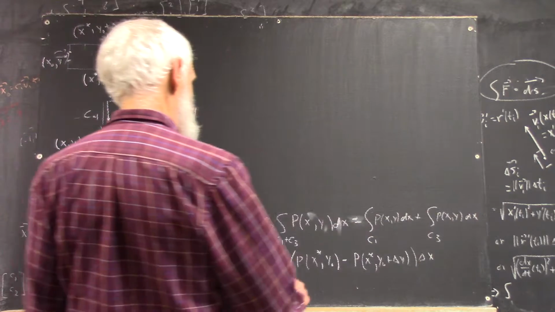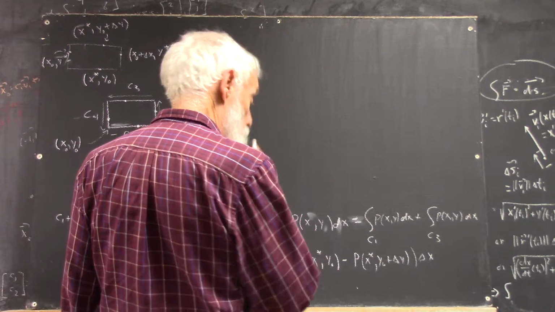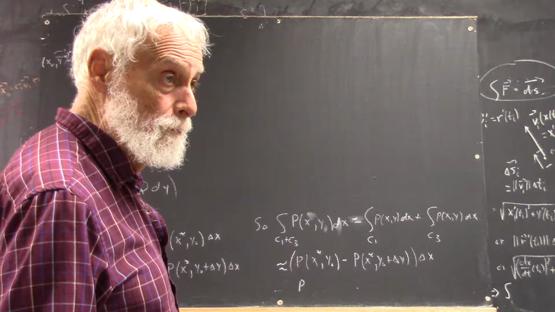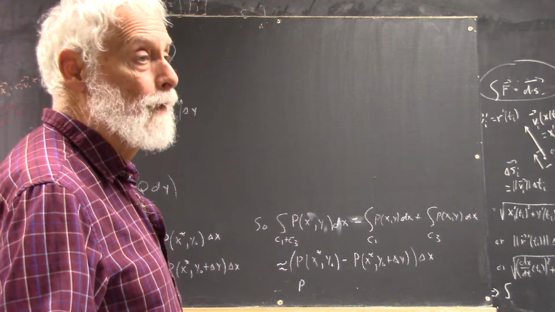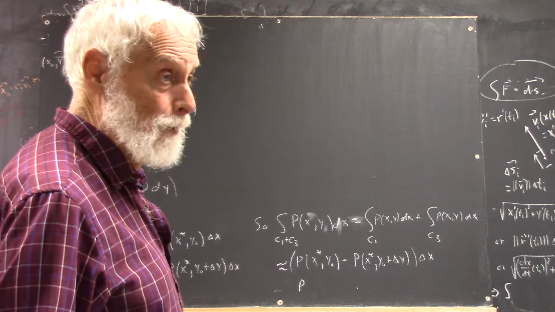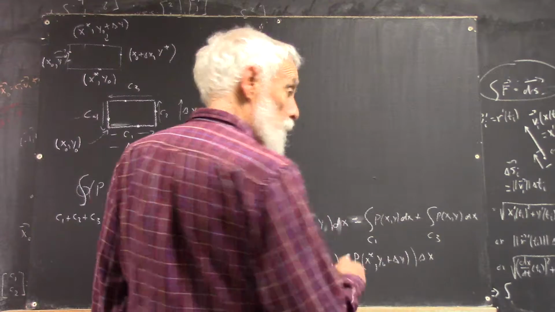It's going to depend on delta Y. Yeah, on the Y derivative. How? The differential, at least with respect to Y. Part of the differential depends on Y. Okay, well, it's this. You've got it.